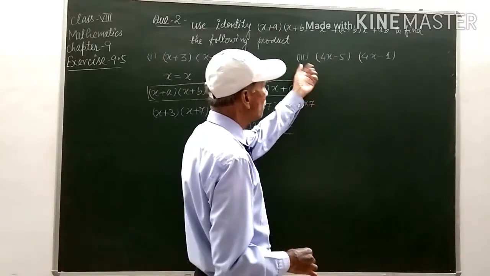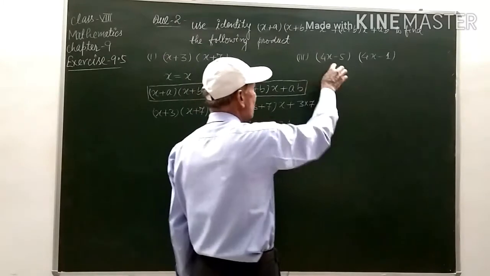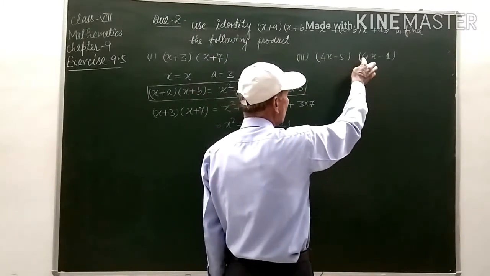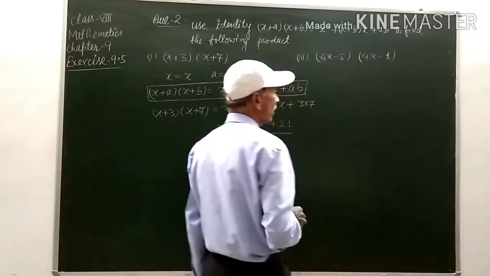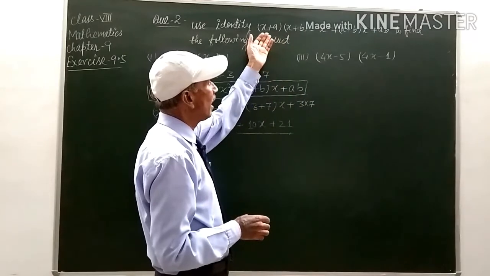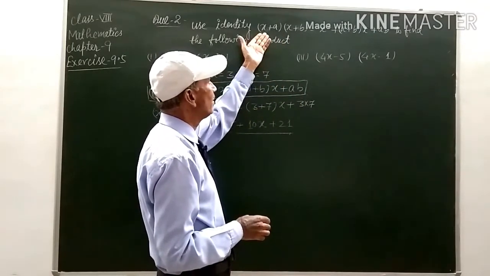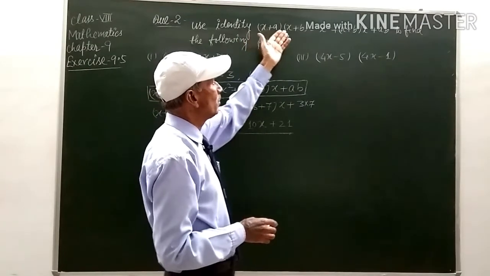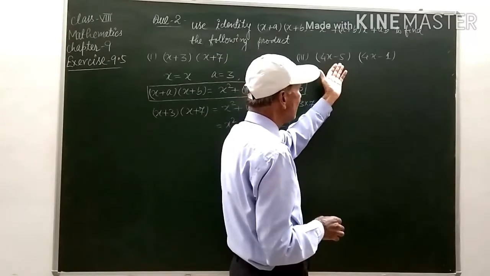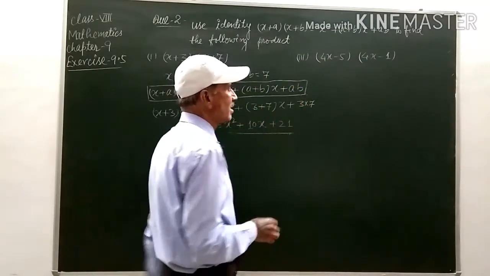Now, we are going to use the identity in this expression. This expression is (4x − 5)(4x − 1). So student, this expression is not matching with the given identity, because in the identity there is (x + a)(x + b), but here there is a minus, a negative sign.